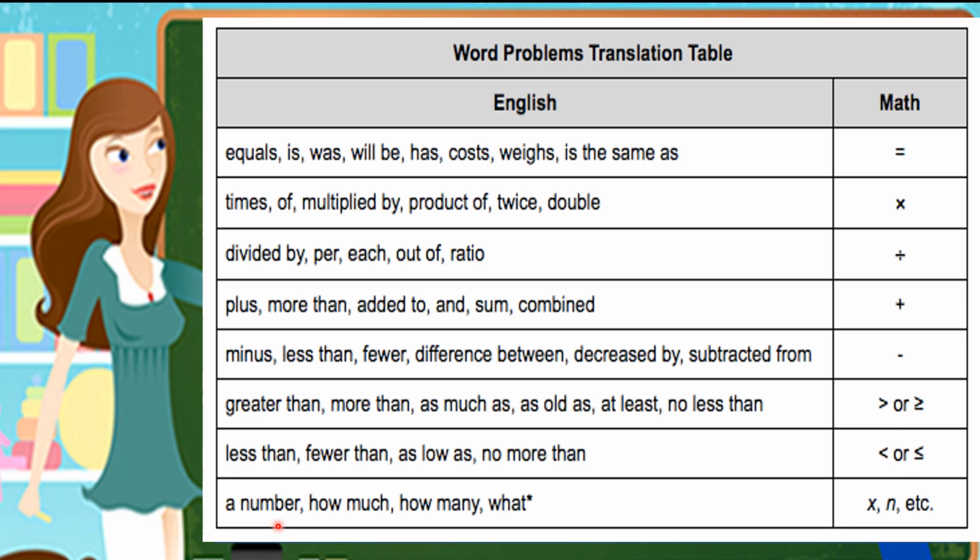Ano kayang translation nun? More than 5. Edi x. More than, edi greater than 5. How much? How many? What? So, ito yung ginagamitan natin ng variable. Itinatranslate natin to as variable x, n, and any other variable can be used.